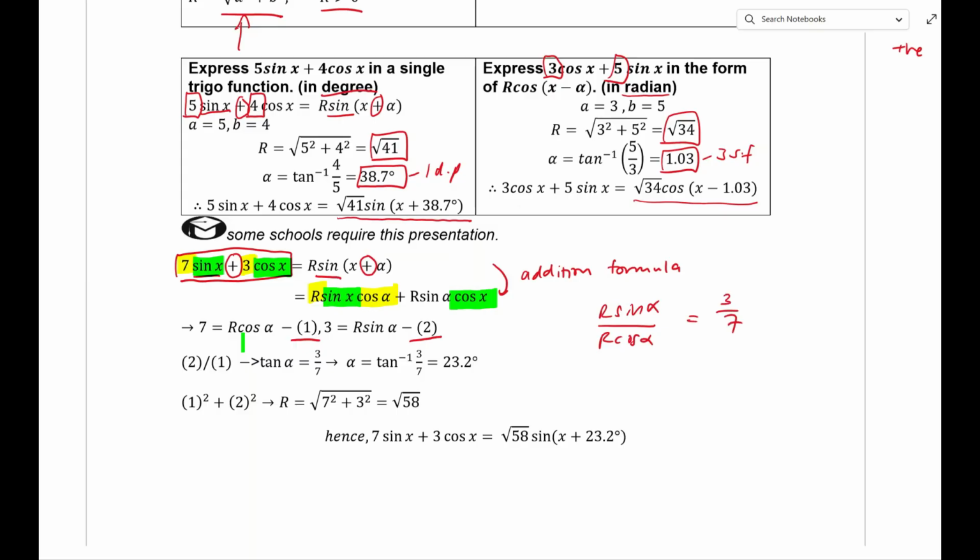From there, the r will cancel out, which leaves us with sine alpha over cosine alpha. Sine over cosine equals tangent, so you get tangent alpha equals 3 over 7. And then to get our basic angle, we'll get tangent inverse 3 over 7, which is our b over a. And that's how we derive our formula for our basic angle.